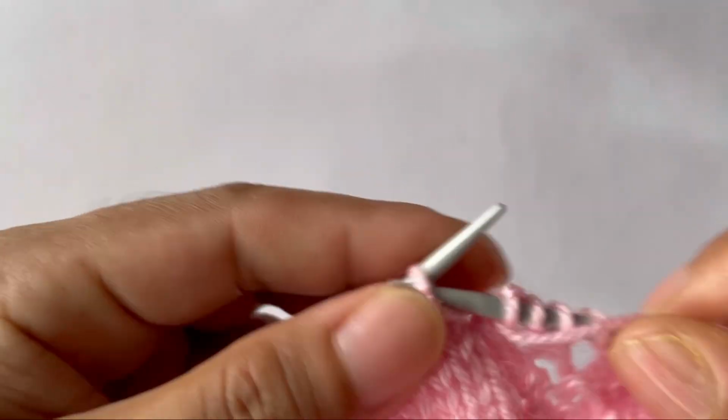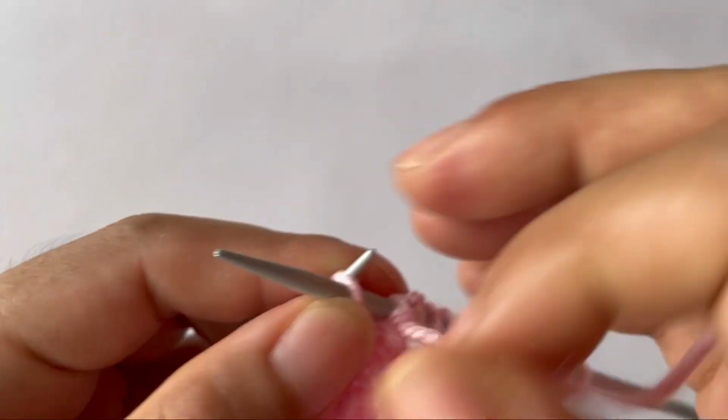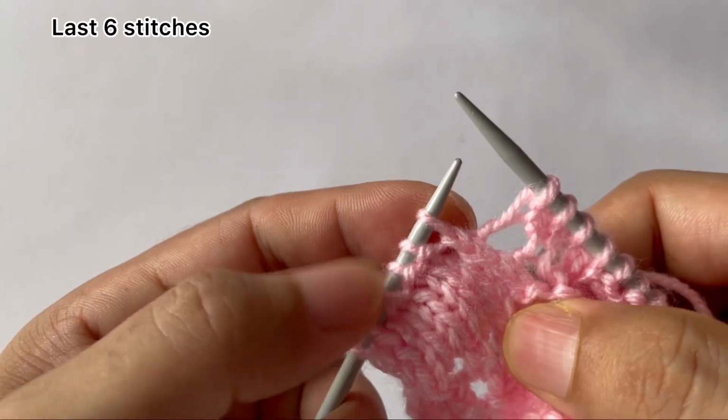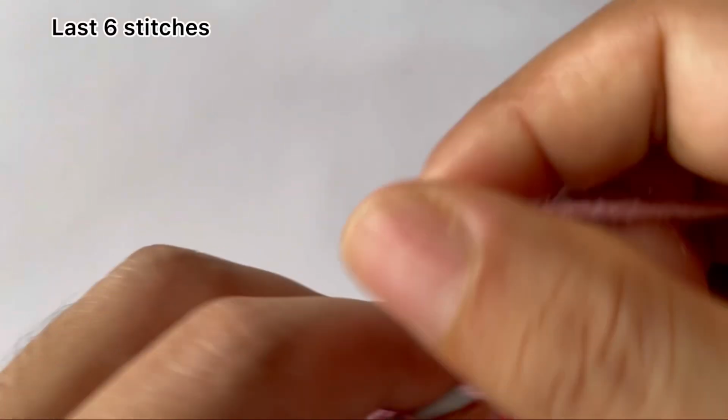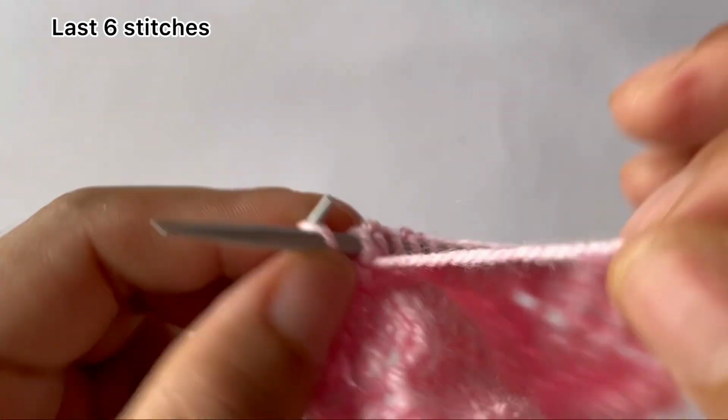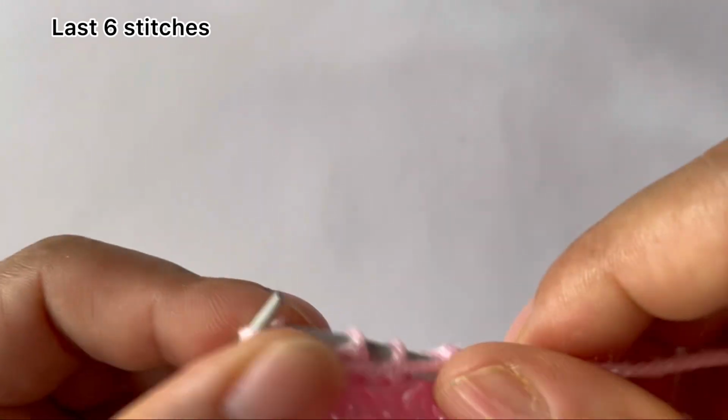Knit 1, purl 3, 1, 2, 3 and knit 4, 1, 2, 3, 4. And the last 6 stitches, knit 1, purl 3, 1, 2, 3 and knit 1. Edge stitch, knit.